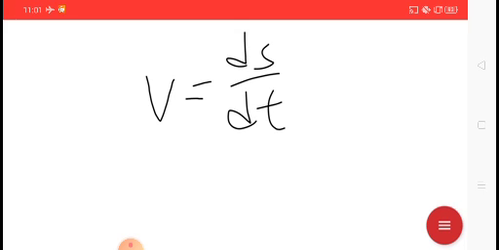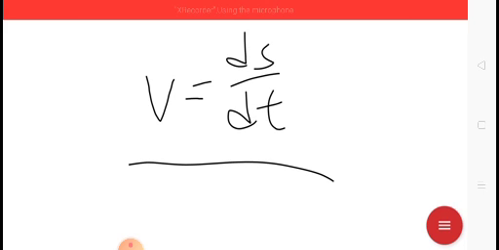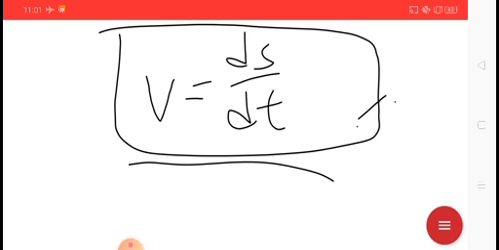From this general equation, v is equal to the slope of the graph s versus t. A very simple equation, right?